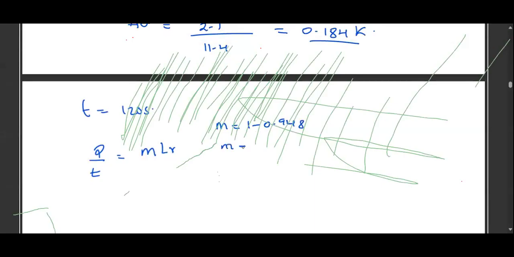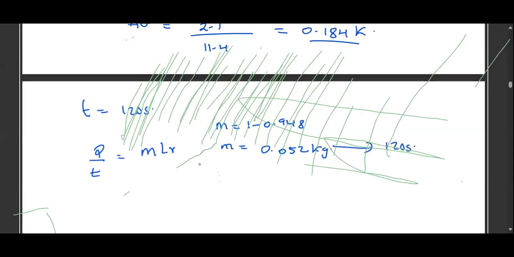So our M is going to equal 1 minus 0.948, which is going to give us 0.052 kilograms.